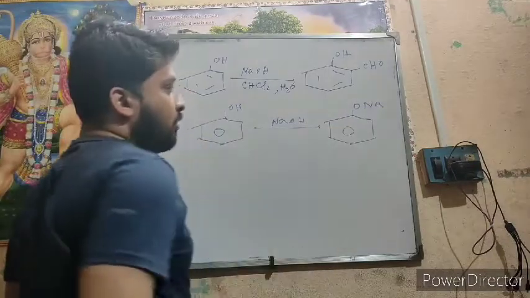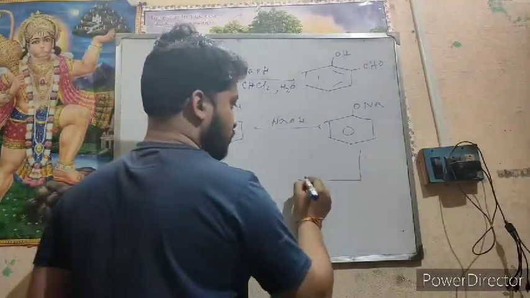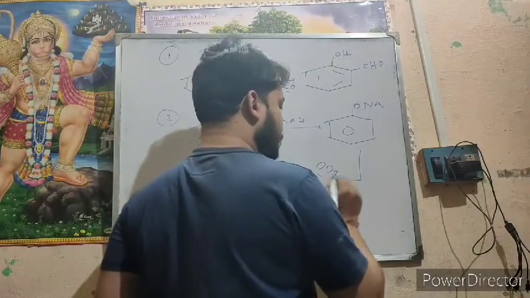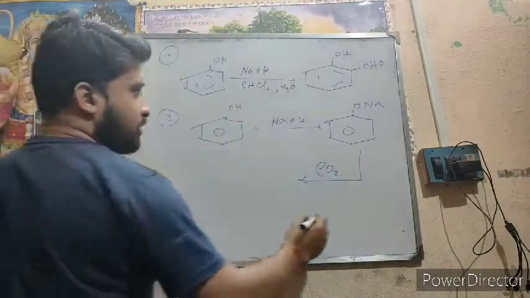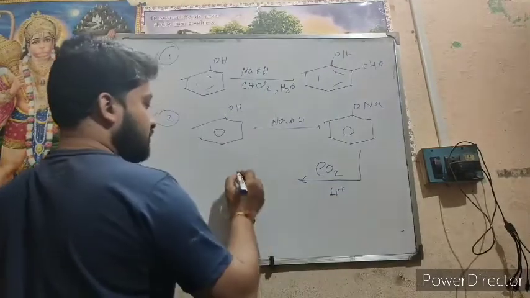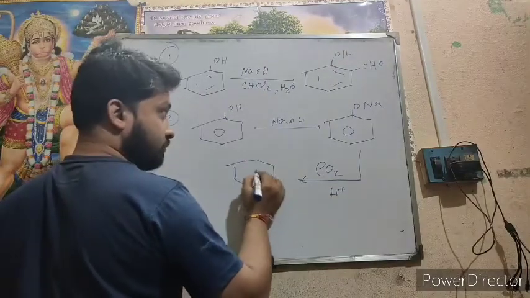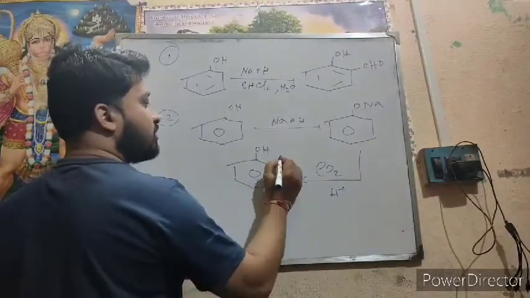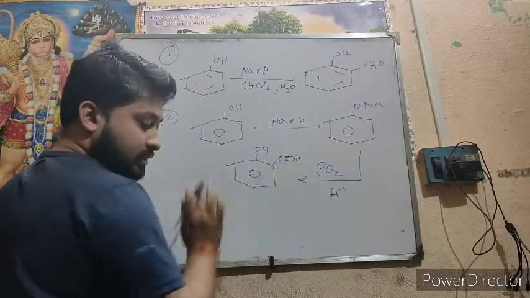It gives you ONa, and when you acidify it with carbon dioxide, after the acidification it gives you a product. For this acidification you get OH and COOH. This is salicylic acid.